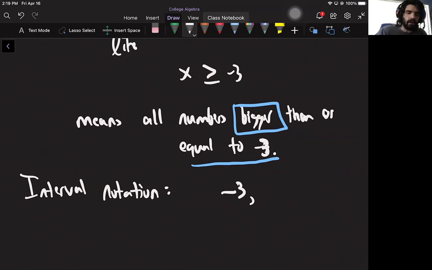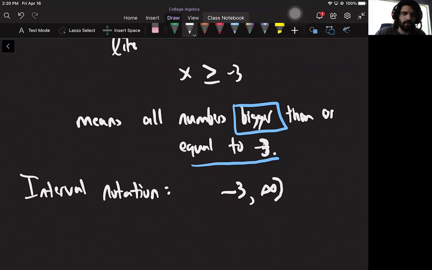Well, to include all the numbers, I write the symbol infinity. That means I'm starting at -3 and I'm including all the numbers bigger than it. And we write it in parentheses.